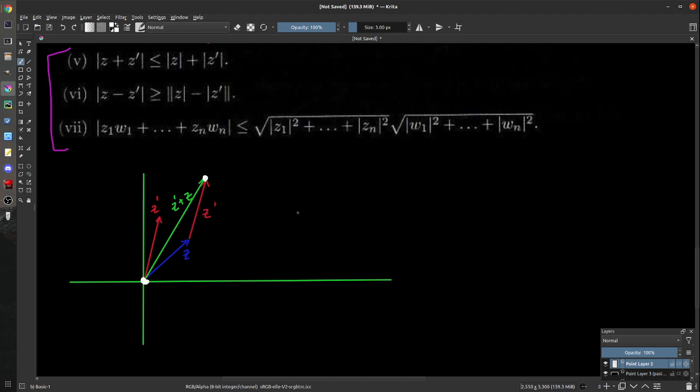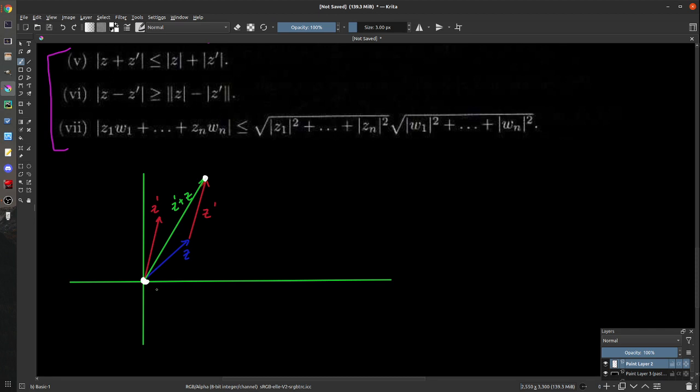Basically, it says that in the worst case scenario, you can get 0, right? Because this is all an absolute value. You definitely can't get anything lower than 0. And you can definitely get 0 when Z and Z prime have the same length or are exactly the same, right? If Z equals Z prime, then this is 0. And then on the other side, of course, they have the same modulus and it's 0.